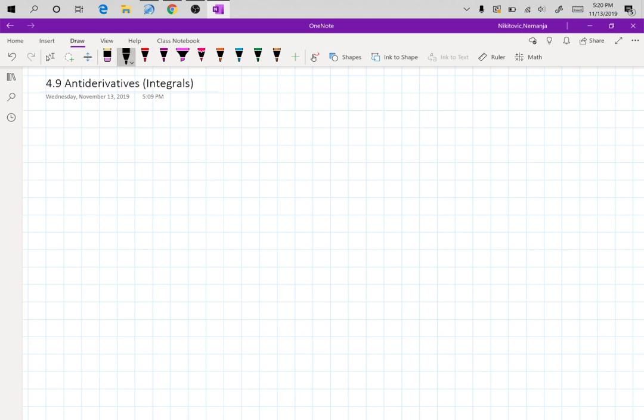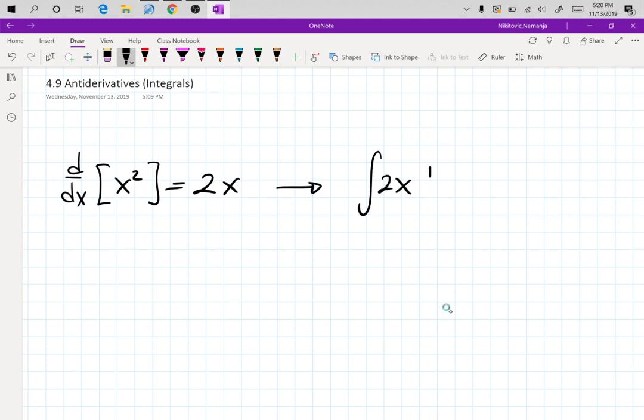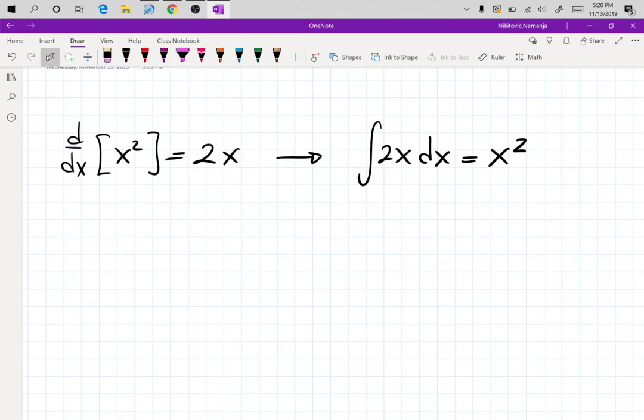So let's go first and say the derivative of x squared is 2x, which means that the integral of 2x dx is equal to x squared. Now there is also something that goes plus c, but I'll have to make the argument for it and add it, so leave some space there.